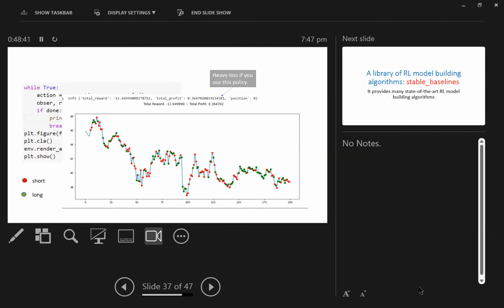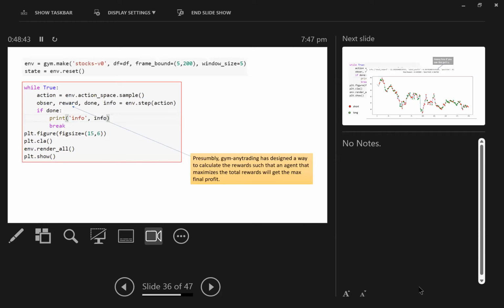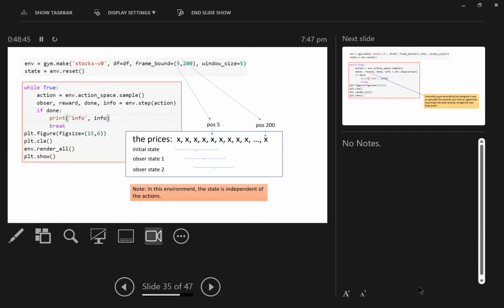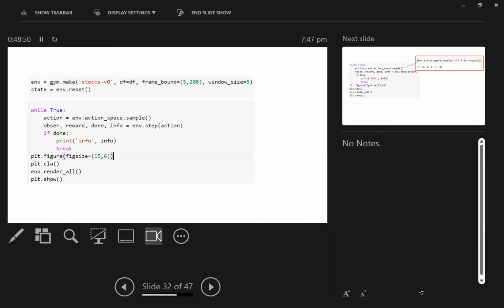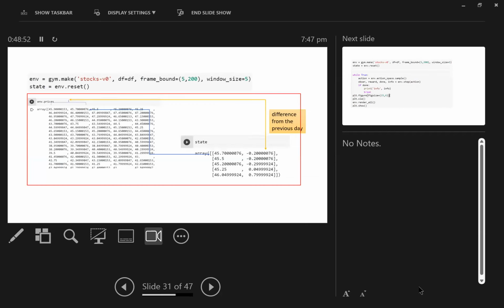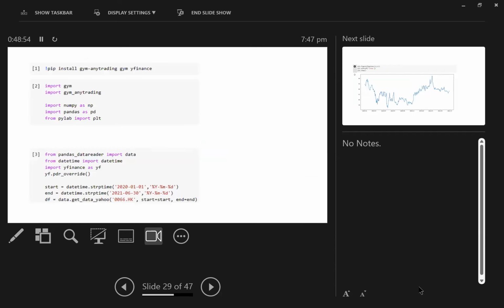So first we work on the random action. Okay, so let us go through this random action example and see what we get.